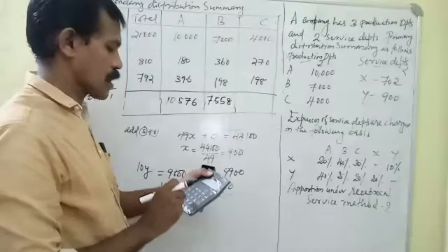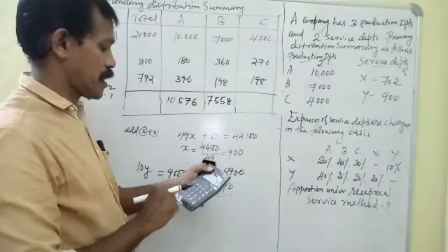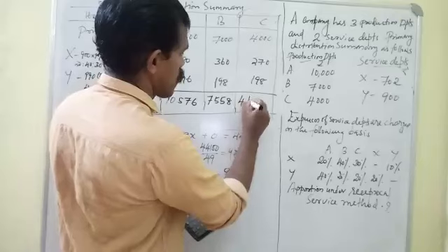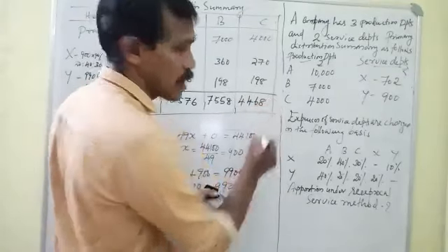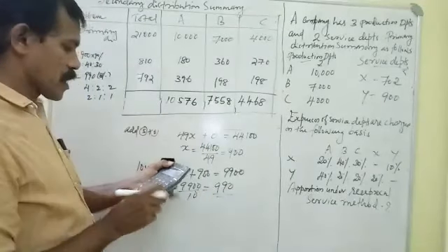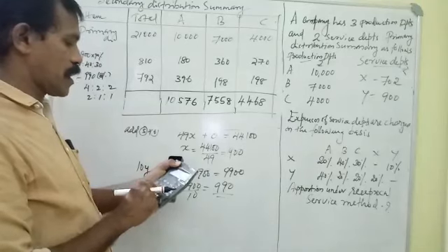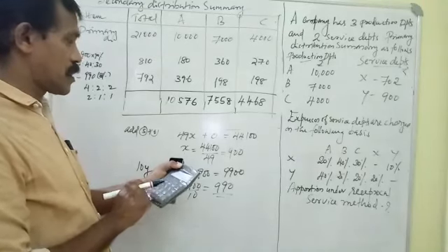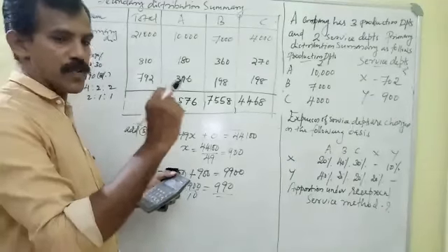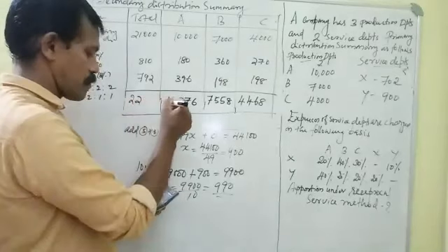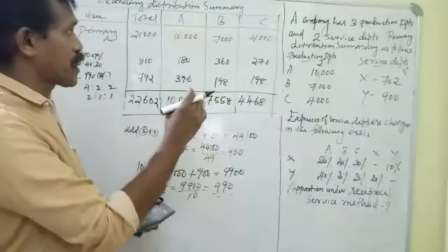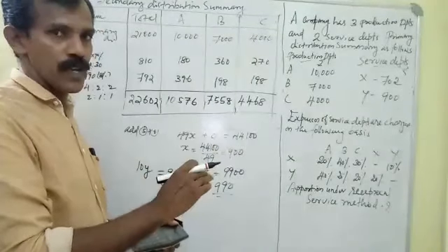Then for C: 4,270 plus 198, that is equal to 4,468. Then we write the total of this here: 7,558 plus 10,576, that is equal to 22,602. Okay. Then I think this simultaneous equation method is clear for all of you.